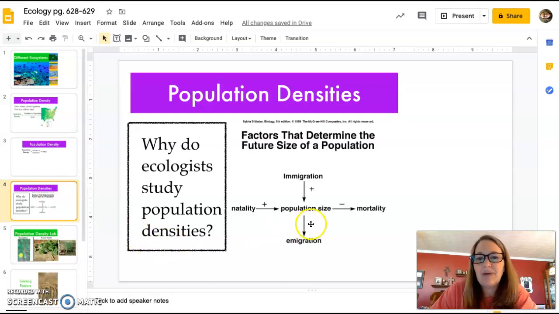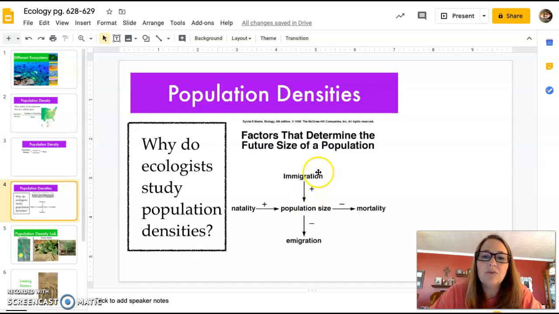So the size of a population, right here I'm moving the mouse around in the middle. The size of the population, they're always changing, okay? So whether we're talking about the census report that many people are filling out, or an example of fish in an area, we're trying to look at how healthy the community is.